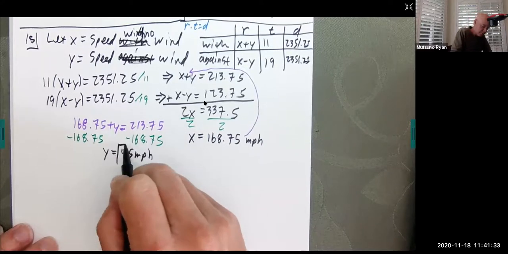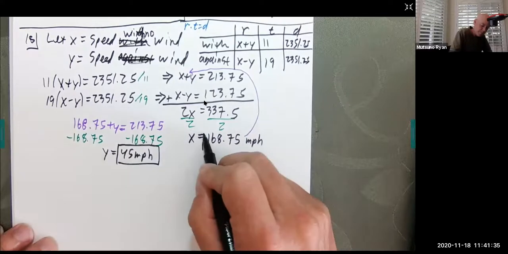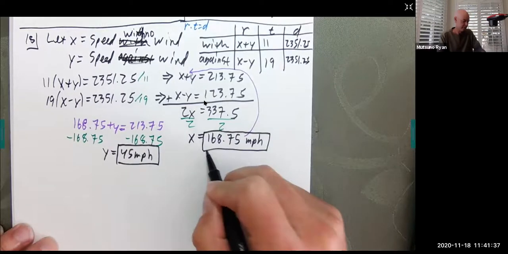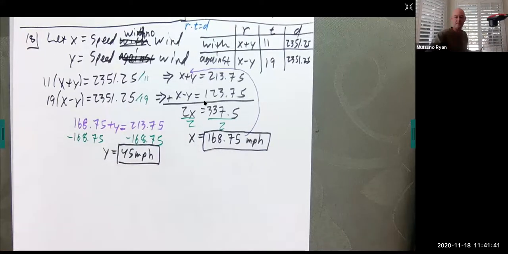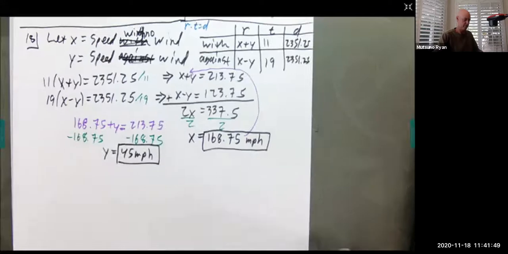So here are my two answers: speed with no wind, speed of the wind. All right, next up, number 19.